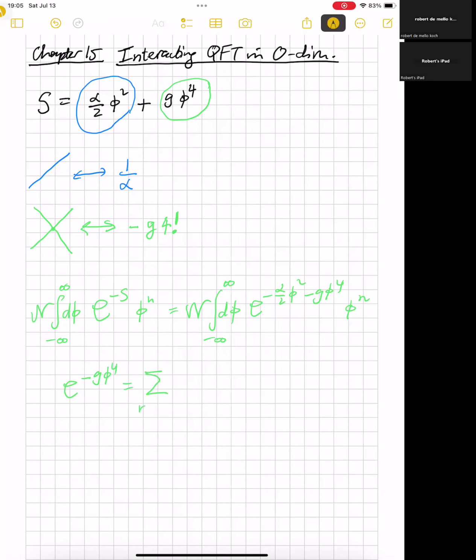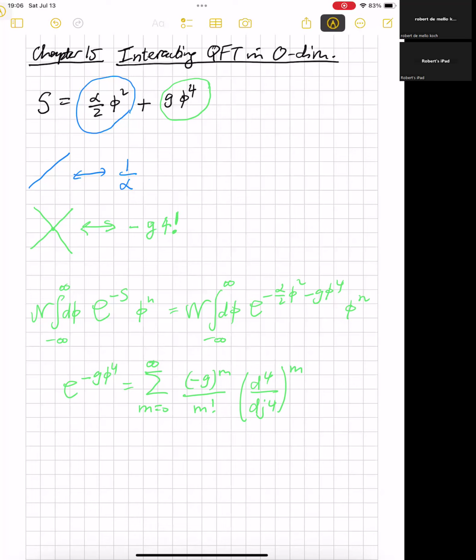So we had some expansion from m equal to 0 to infinity, and we had minus g to the m over m factorial, and then we had phi to the 4 to the m, but we expressed the phi to the 4 using the source as d4 dj to the 4 to the m, okay? And this is what we had acting on the source.